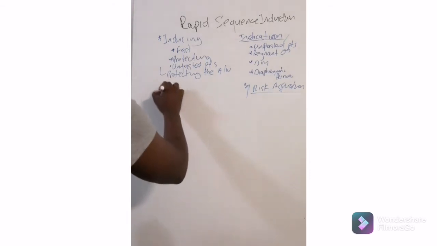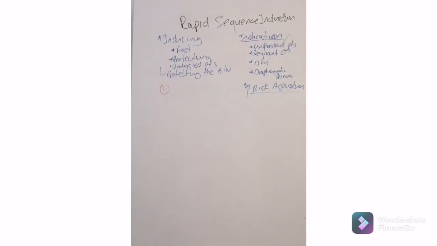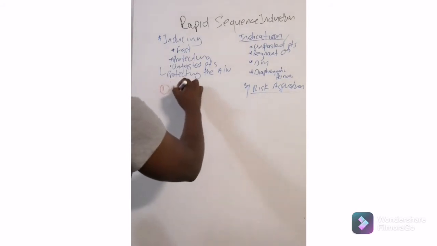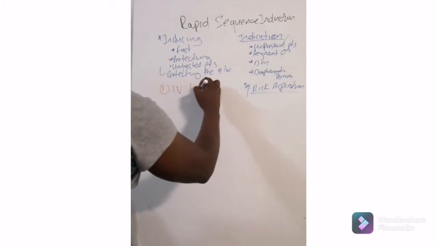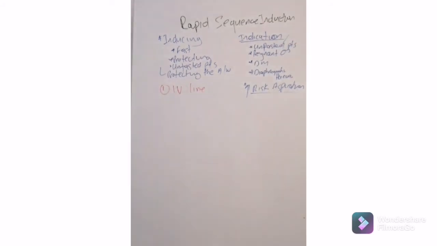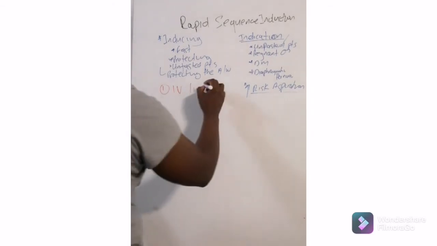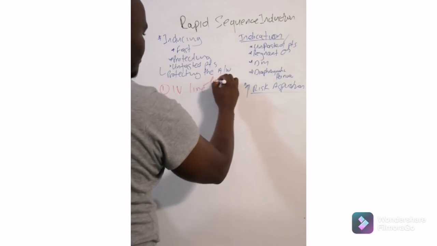Number one, make sure that they've got an IV line. The IV line must be reliable. Don't just make sure that they have it, but make sure that it's running. It must be present.